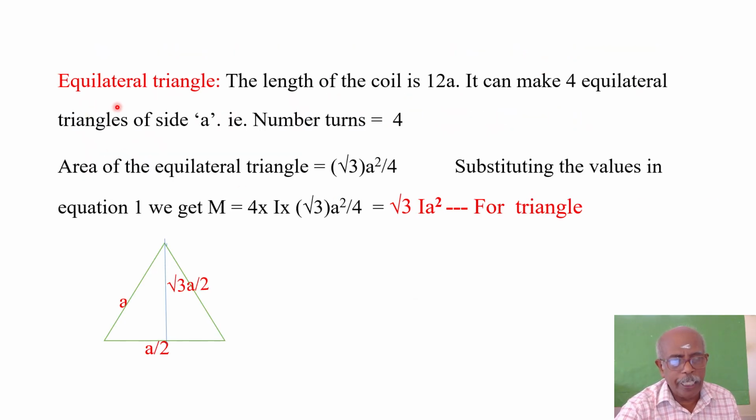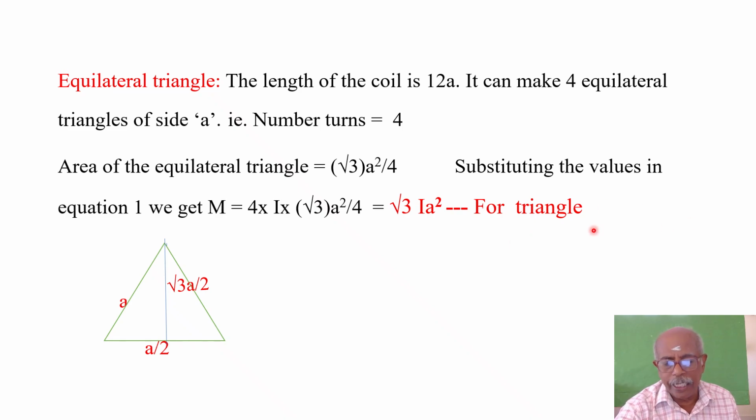In the case of the equilateral triangle, the length of the coil is 12a. You can make 4 equilateral triangles of side a, because if the equilateral triangle has a side a, then its circumference is a plus a plus a, 3a.